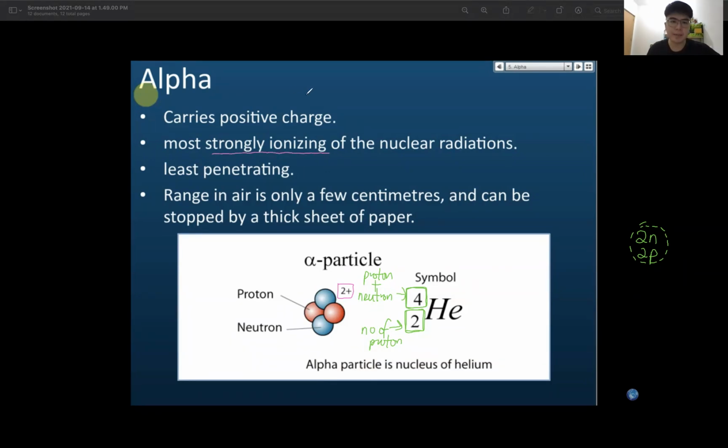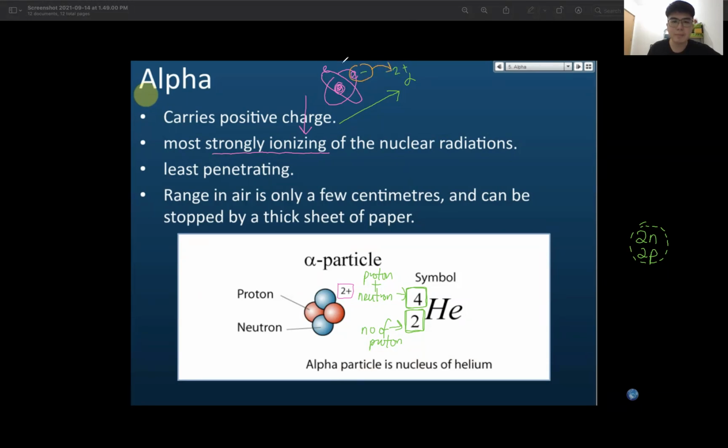What is meant by ionizing? Ionizing is the ability of the particle to make the atom become an ion, just like the one that we talked about. You have the nucleus, and you have electrons. When the alpha particle passes nearby, because its charge is very strong, 2 plus, it can pull an electron out of this atom. This electron gets attracted by the alpha particle, and when it passes by, the electron gets pulled out.